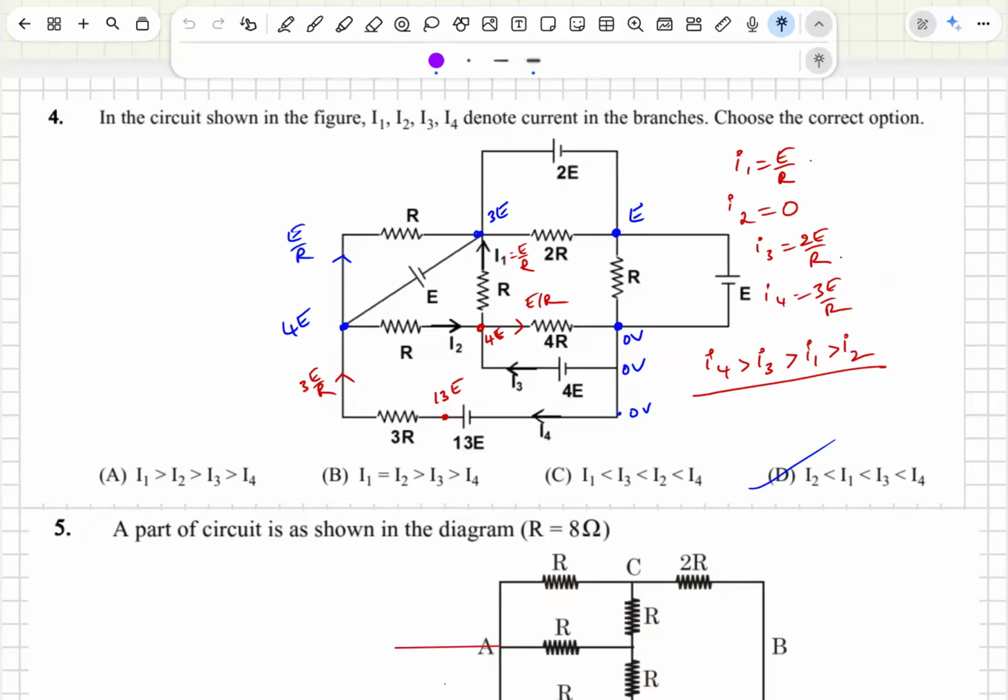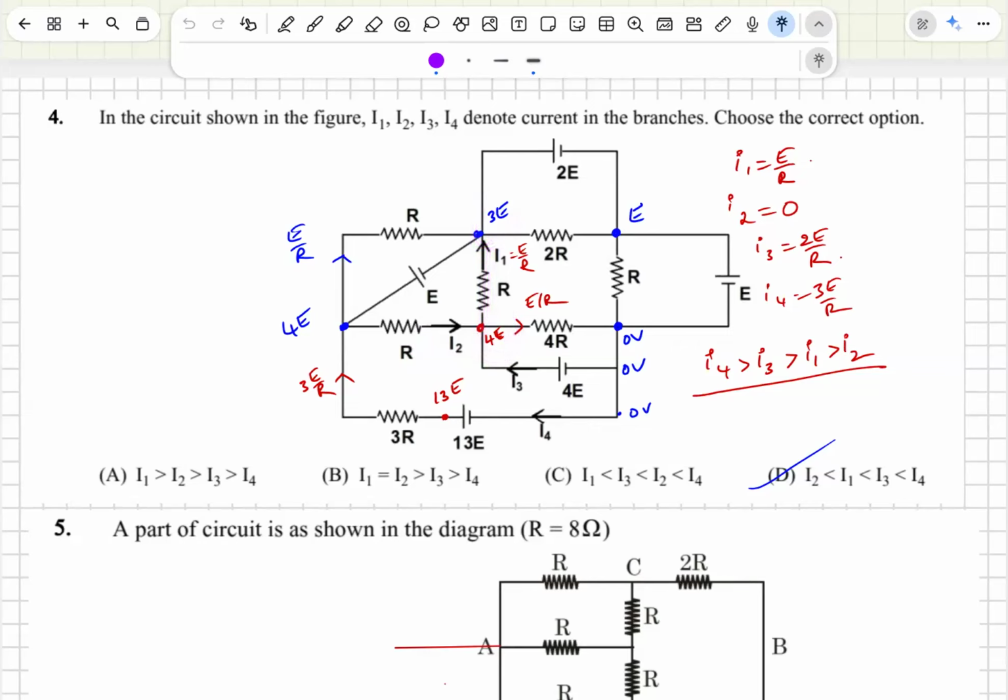And now, what is I3? You said this is 0. There is nothing called current in this loop. But you have current in this loop because this is 4E and this is 3E.